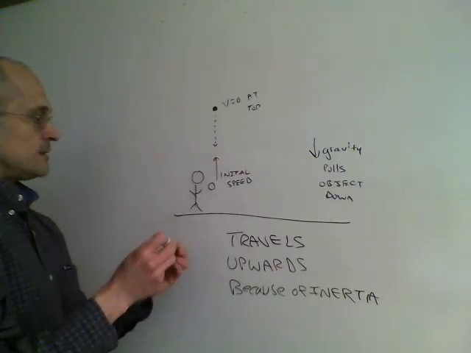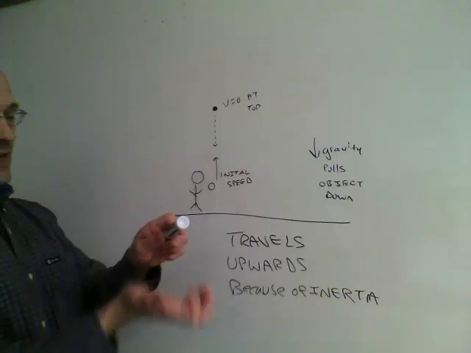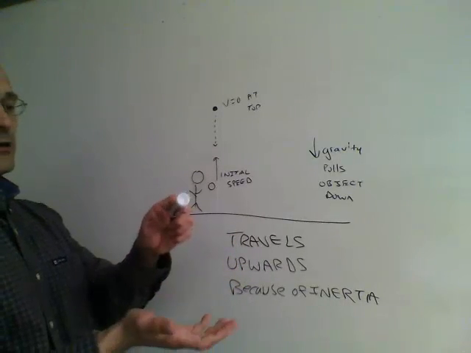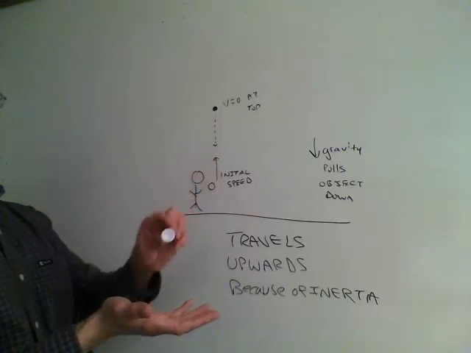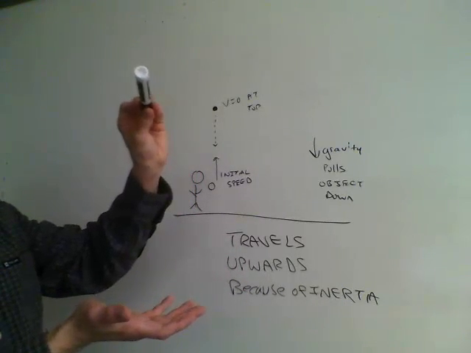But just as a topic of inertia, once the marker leaves my hand, the force of my hand no longer is acting on the marker. It continues traveling upwards because of inertia.